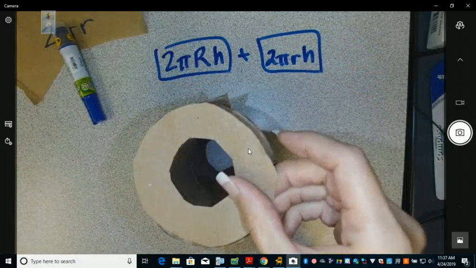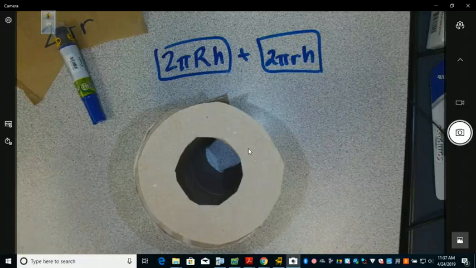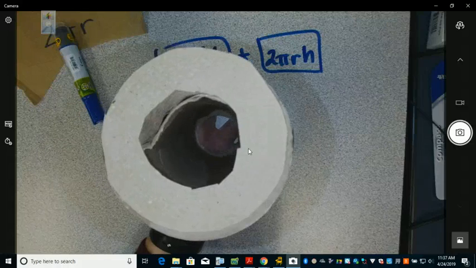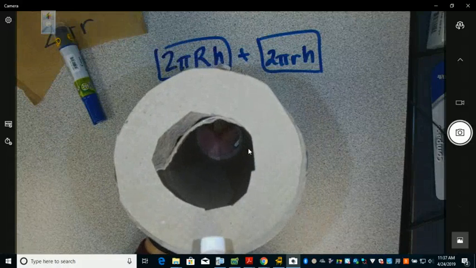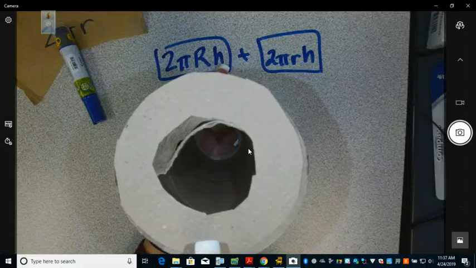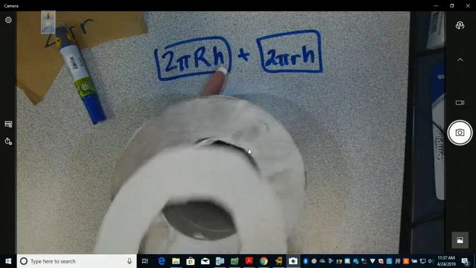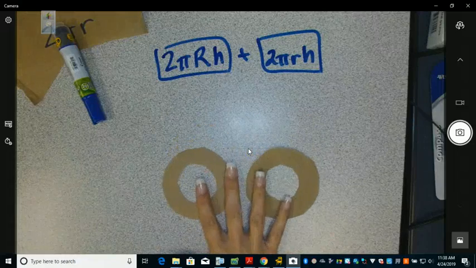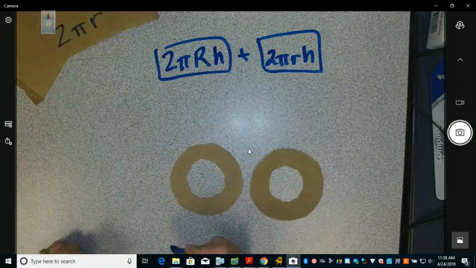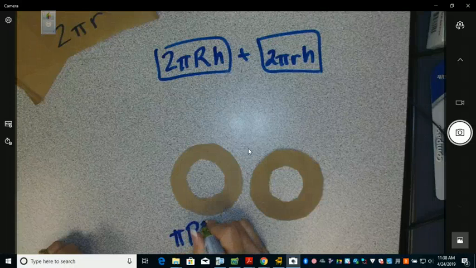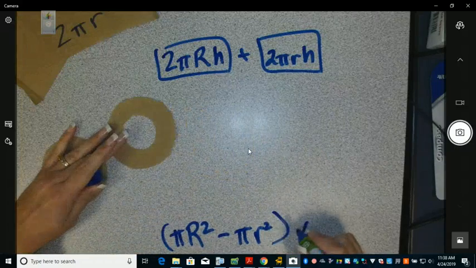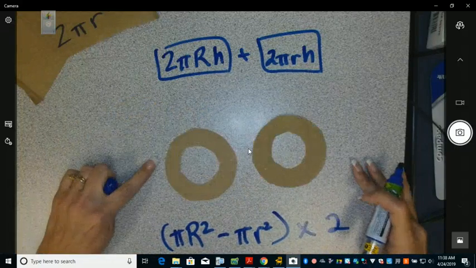We're going to add this for that one, and this for that one. These two rings, or donuts, actually that's called an annulus, which we've done before, have to be included, and we have 2 of them. The formula for the annulus is pi R squared minus pi little r squared, and we have to take that answer and multiply by 2 because we have 2 of them.